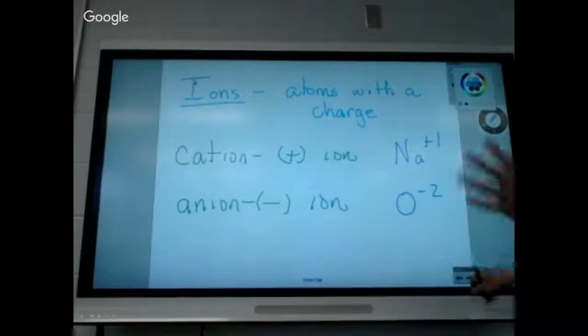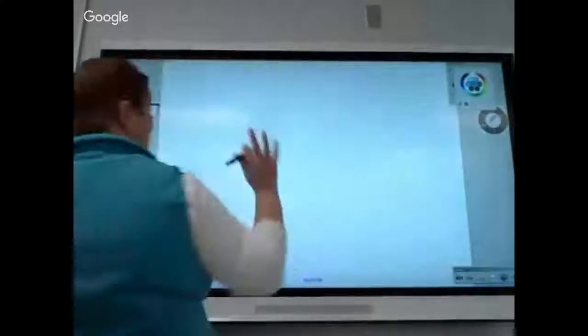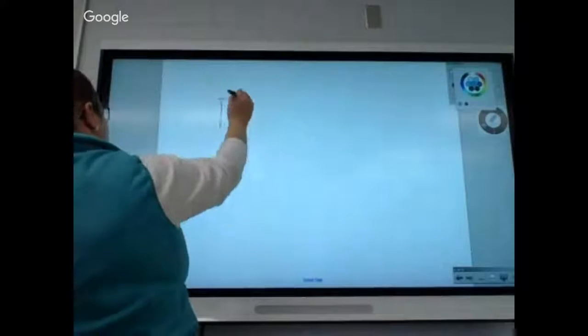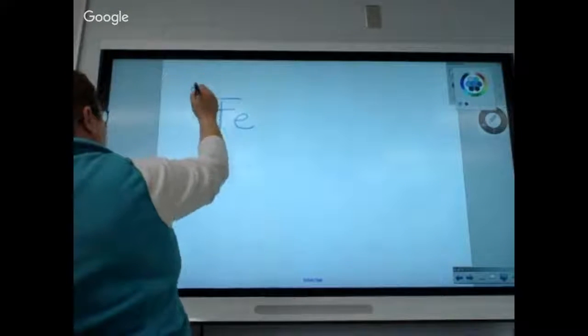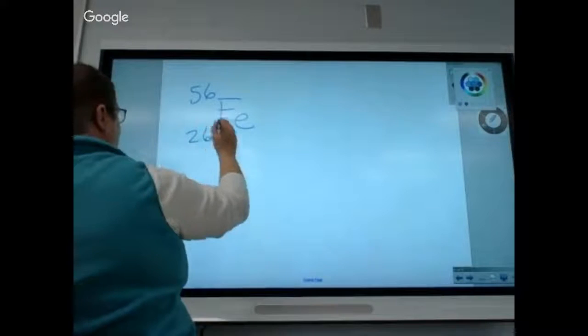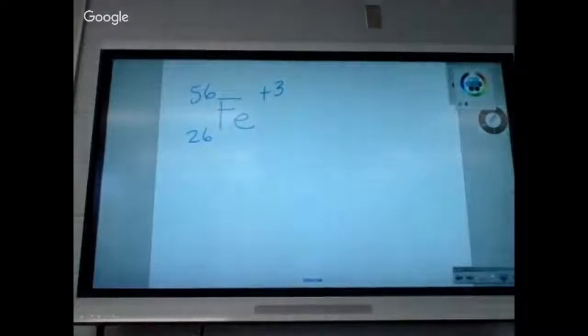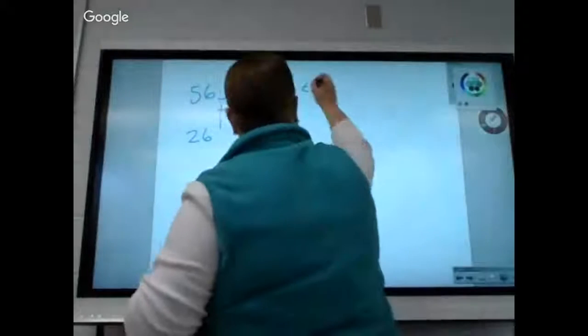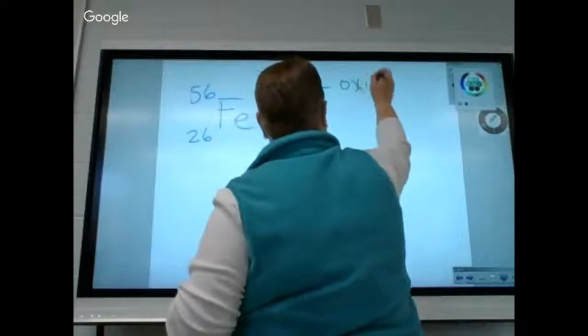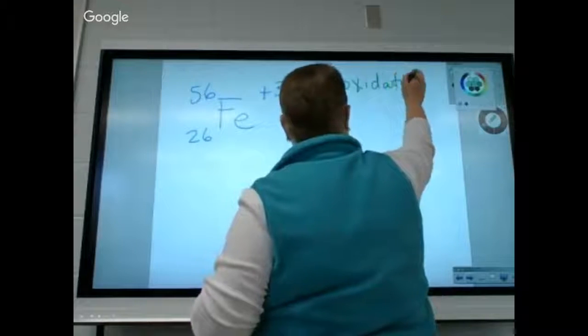All right, so let's say that we want to do the same thing we just did, only we're going to do iron. It has a 56, a 26, and we're going to use the +3 oxidation number. We want to do the same thing we did Friday. What's the only difference between Friday and right now? Got a +3, okay? Now, this +3 right here, first of all, we're going to learn how to use this on, what's today, Monday?